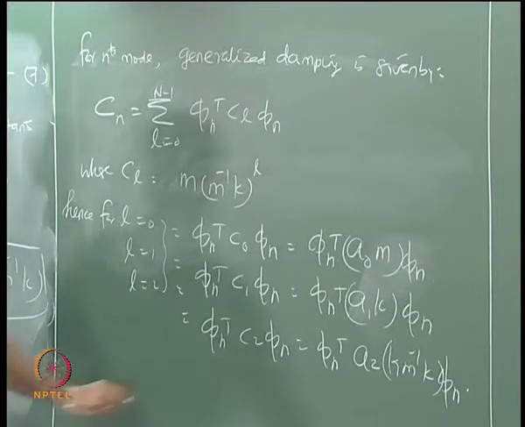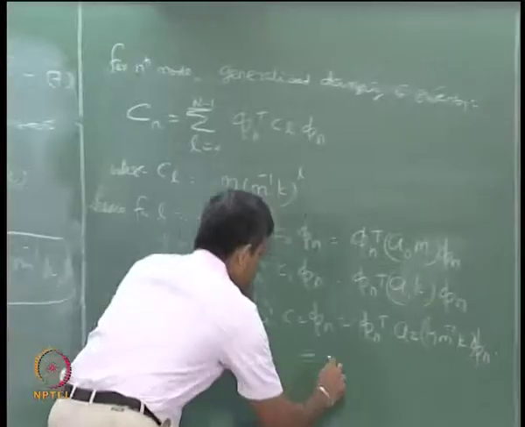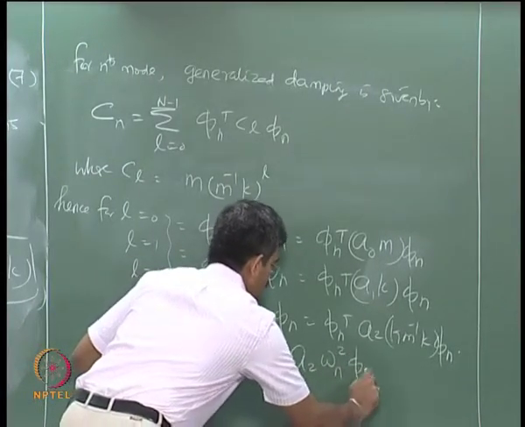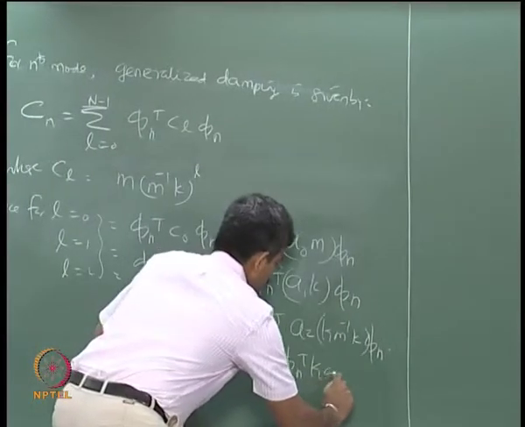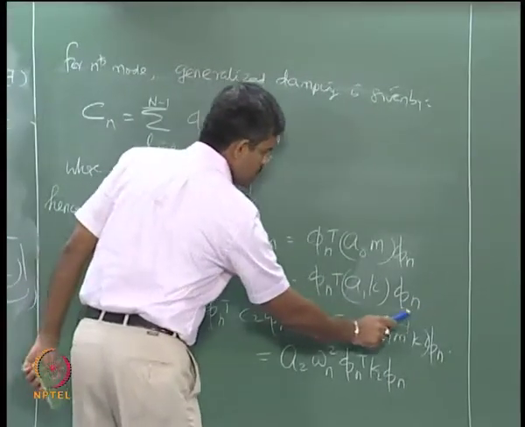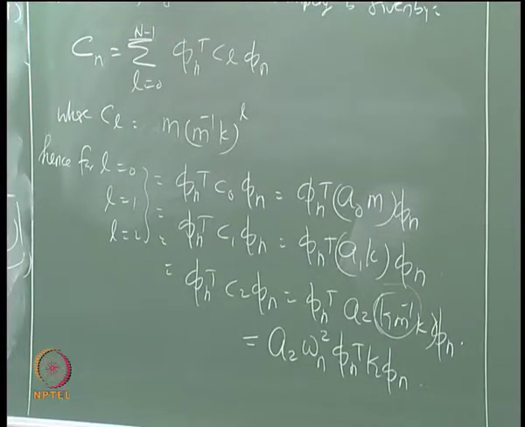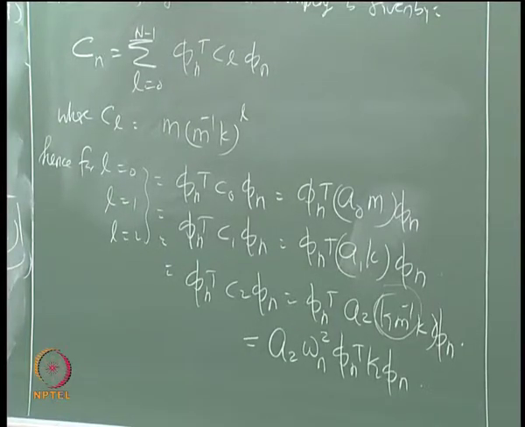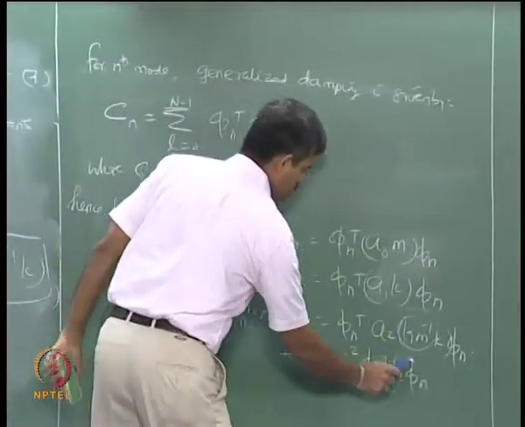I can rewrite slightly the last term as A2 omega square k by m omega square. And what is phi n transpose k phi n?